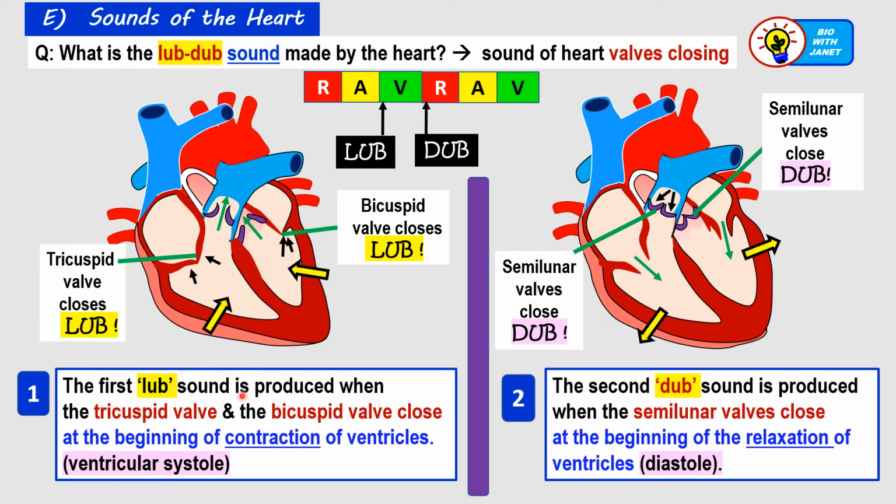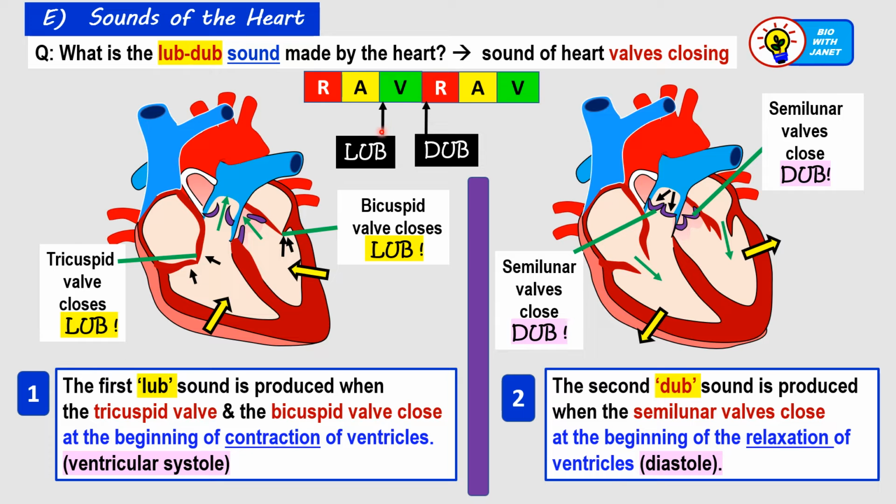Okay, so the first LUB sound is produced when the tricuspid valve and the bicuspid valve close at the beginning of the contraction of ventricles or ventricular systole. If you look at the cardiac cycle again, we have R for relaxation, A for atrial contraction, and then V for ventricular contraction or systole.